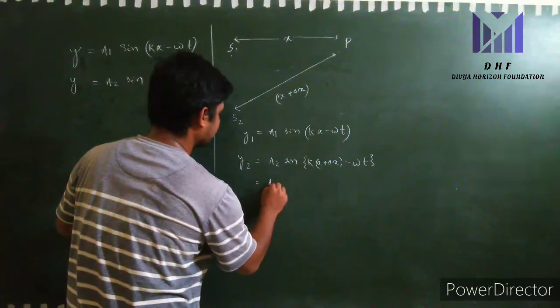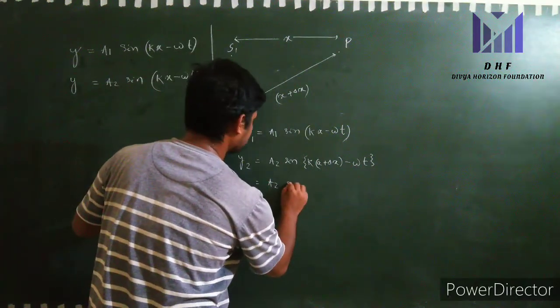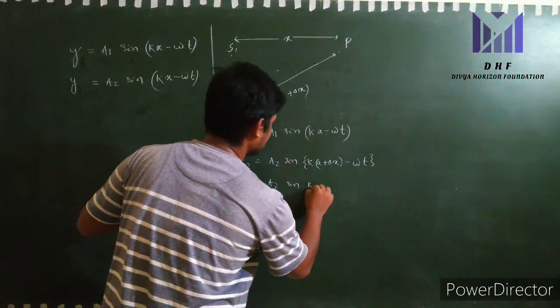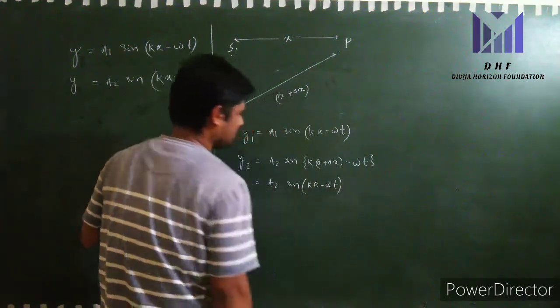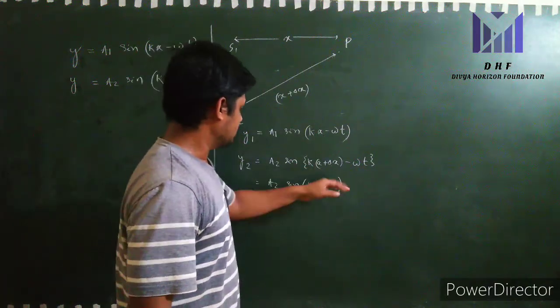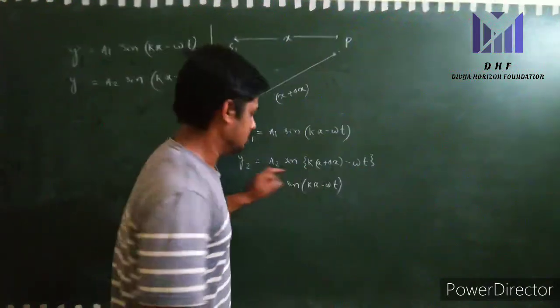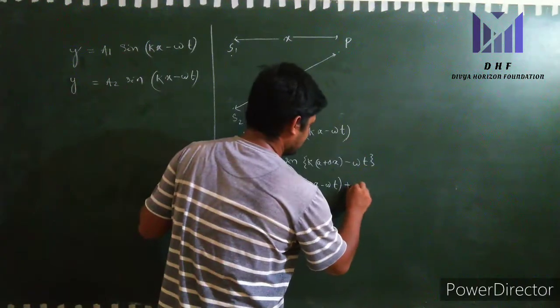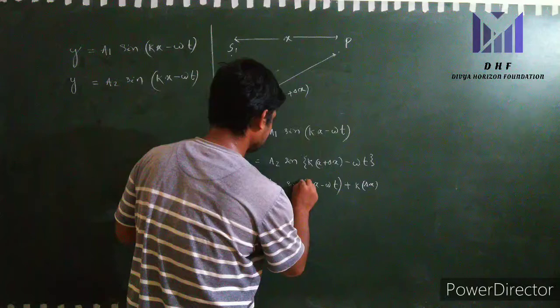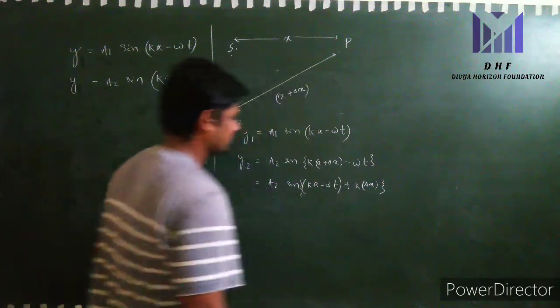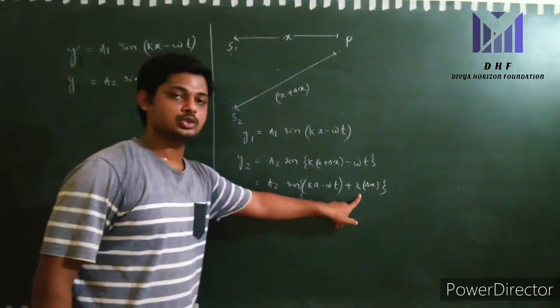Here, if we separate the delta x, sin(kx minus omega t), and here the extra term is k into delta x. Separating the extra term k into delta x, here the value of k is 2 pi by lambda.